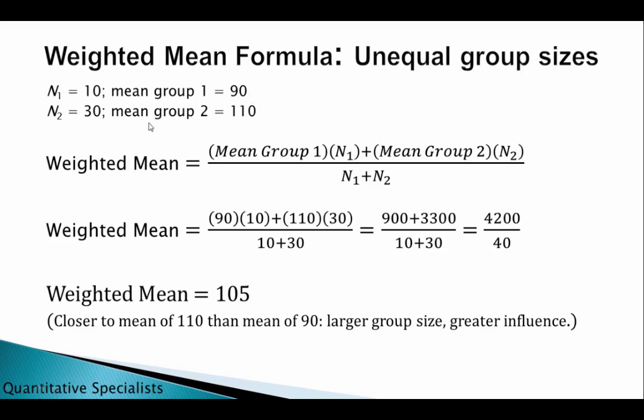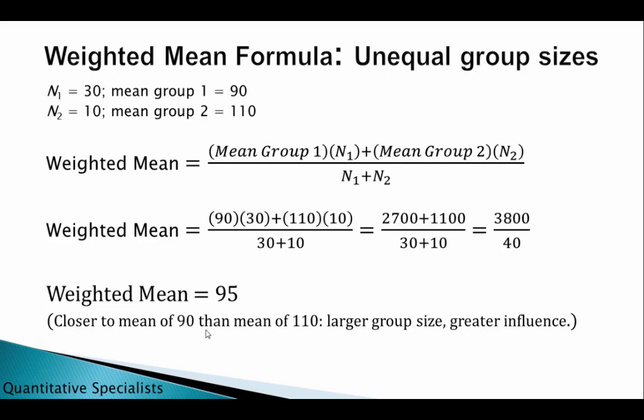And if you look at these two group sizes, we can see that the second group size is larger. The first group size is smaller. So the weighted mean is pulled closer to the mean that has the larger group size. Or in other words, the larger group has greater influence in calculating the weighted mean between the two groups. So it has more pull or influence.